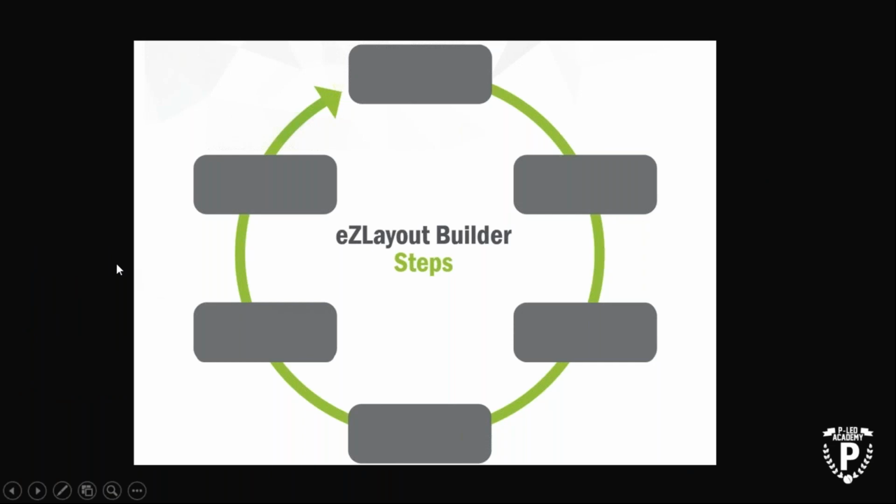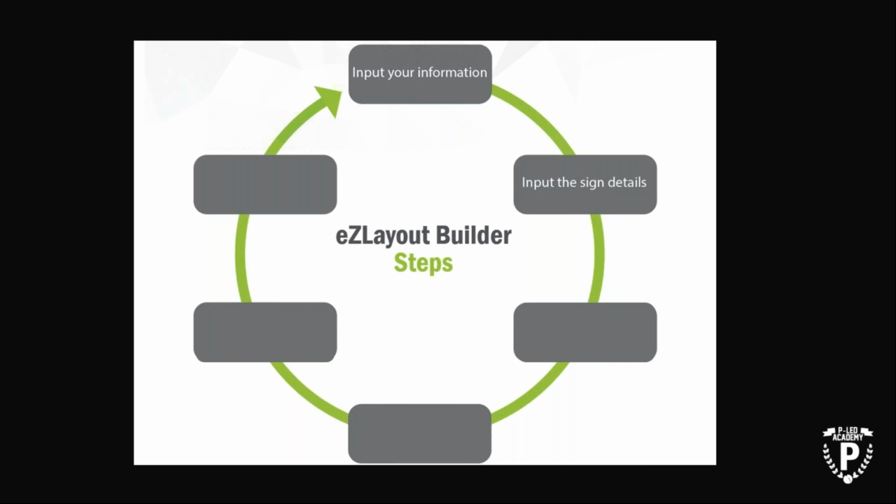All right, so now we're going to go over the eZLayout Builder steps. It's pretty easy. Once you click on that, you're going to be taken to a page where you're just going to input some simple information: your name, the company that you work for, and other contact information. From there, you're going to be able to input your sign details.